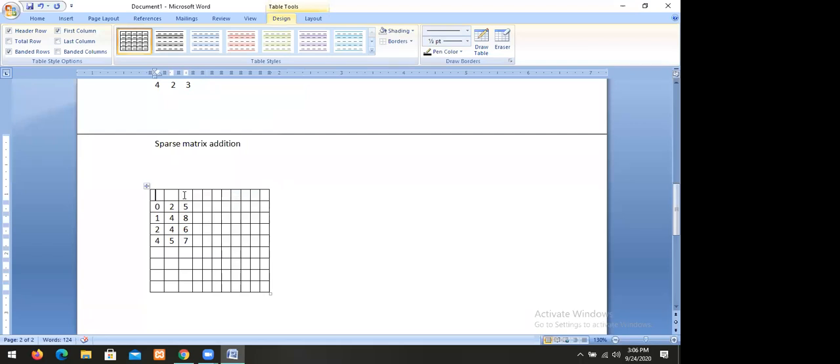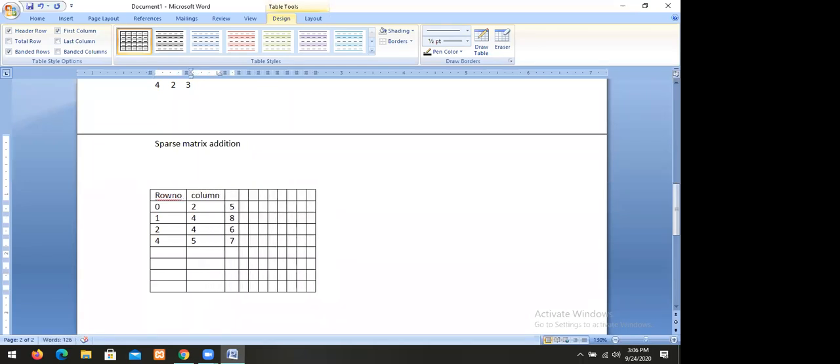This row number, this column number, this row number, row, column, this is a value.